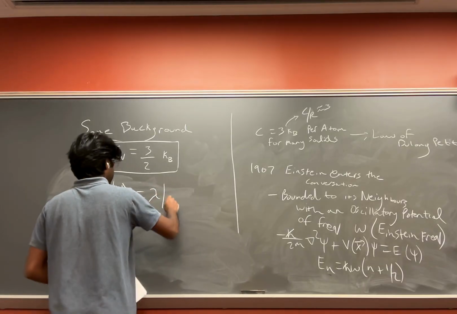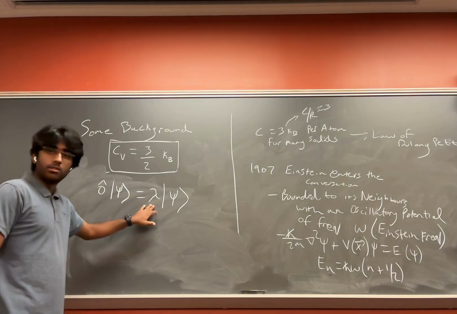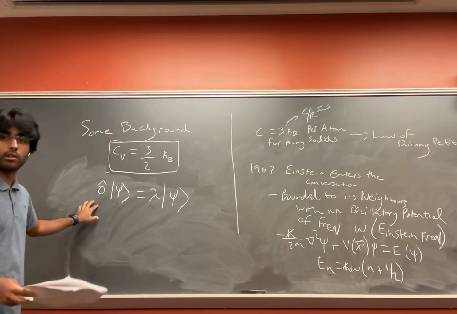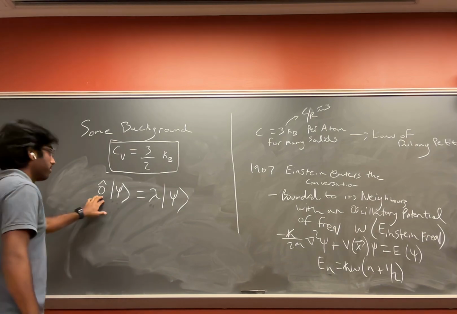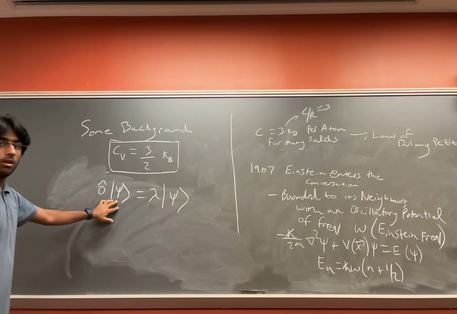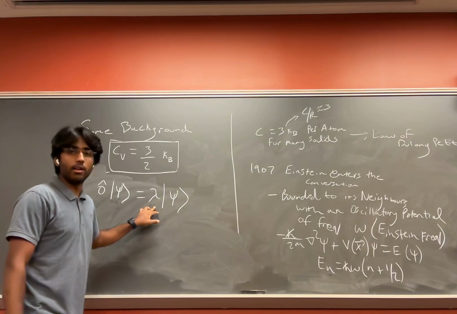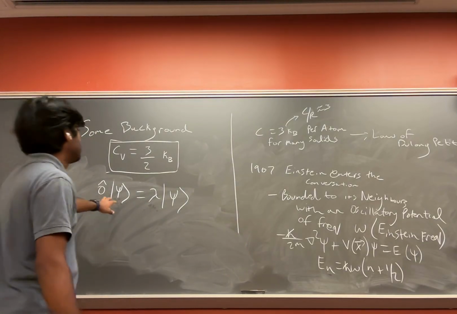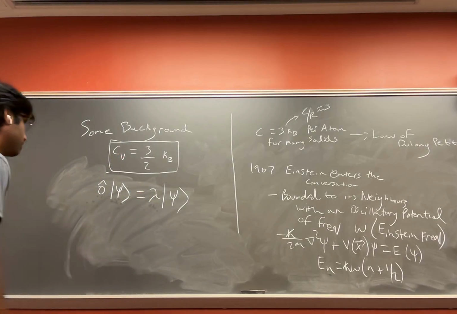It satisfies the eigenvalue equation, where lambda is known as the eigenvalue, and psi is the eigenstate of the Hermitian operator. We can think of the operator acting on some vector, and it results in the vector being scaled by an eigenvalue lambda. Of course, it's a vector space, not a vector, but that is just for simplicity at this moment.